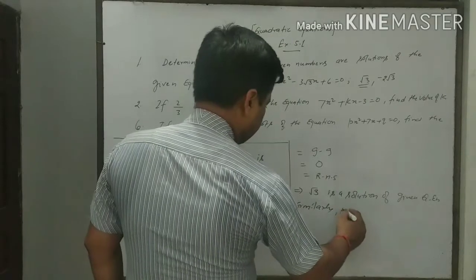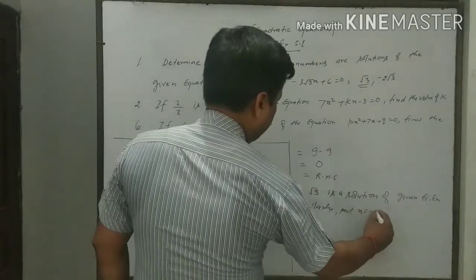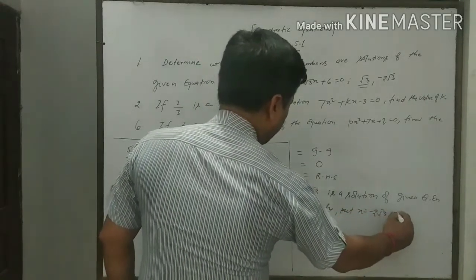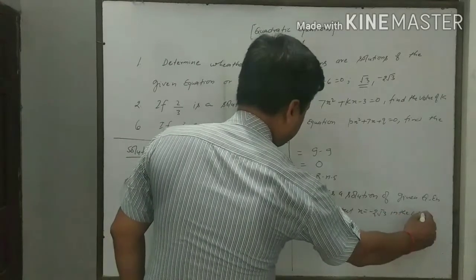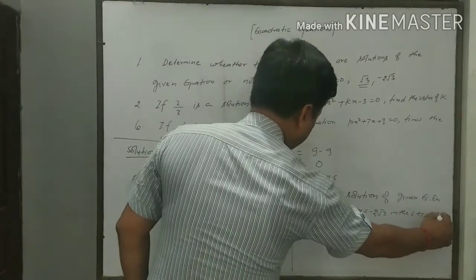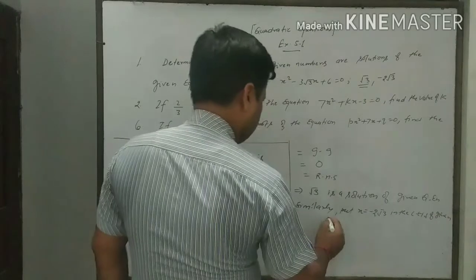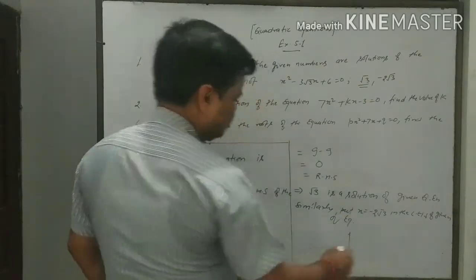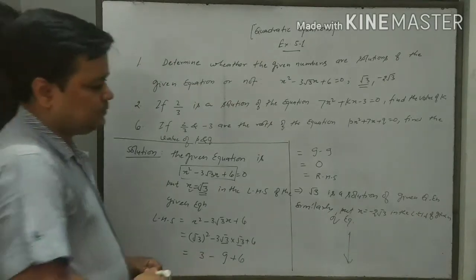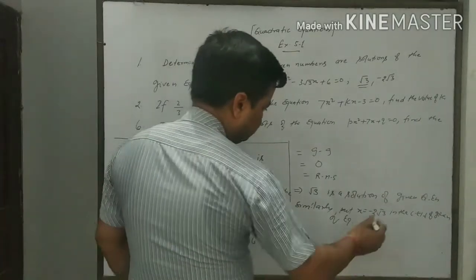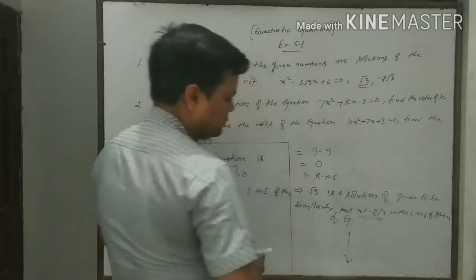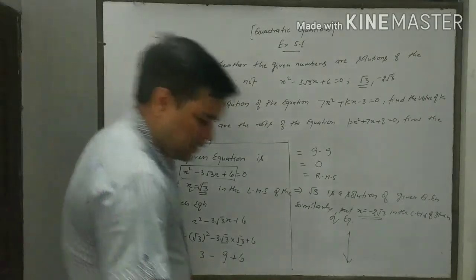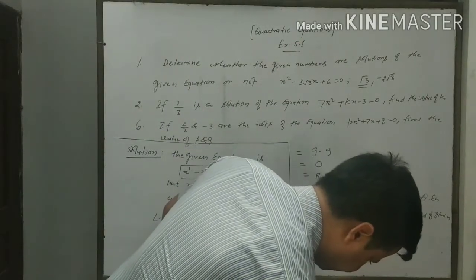we put x is equal to minus 2 root 3 in the left hand side of the given quadratic equation and do the same process. We will find that in this condition the left hand side will not be equal to the right hand side.